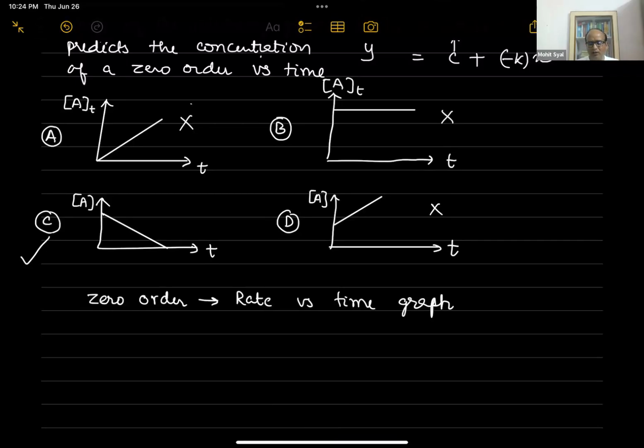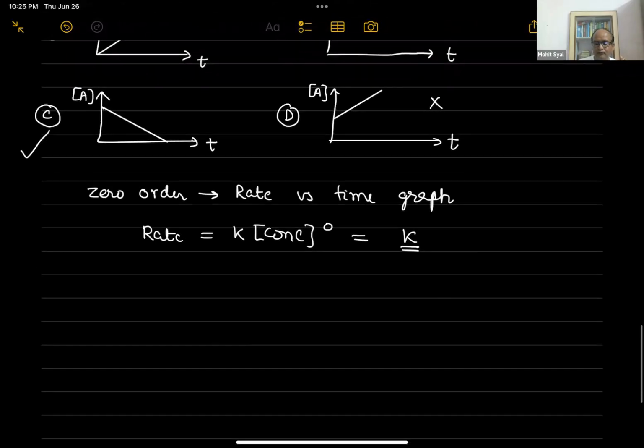Zero order means what? Rate is not related to the concentration, concentration to the power zero. It means no effect of concentration is there and the rate is constant. Rate is fixed, it doesn't change.